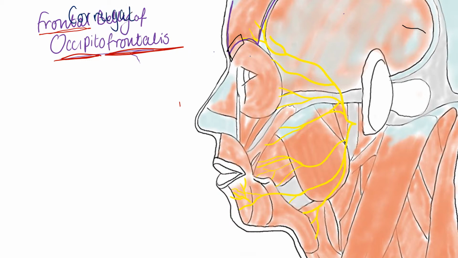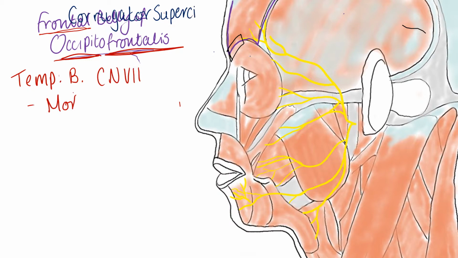Like all the muscles that we're going to mention in this video, it gets its motor supply from the temporal branch of the facial nerve, CNVII, so it gets its motor supply from here.